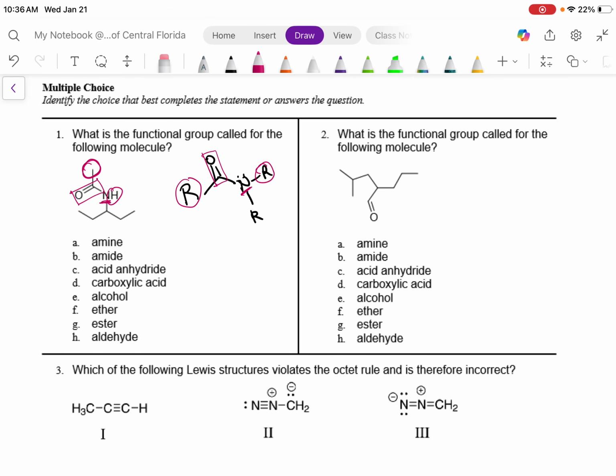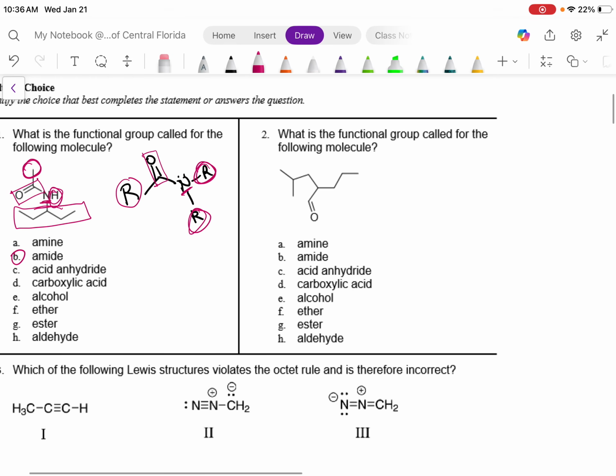Now, there's no difference if I would have said this R was the hydrogen. It doesn't matter. Either R there. So this R is, we'll call it the hydrogen, and then this R group right there would be all of that right there. So that's where all the pieces are coming from. So that would make that guy an amide.